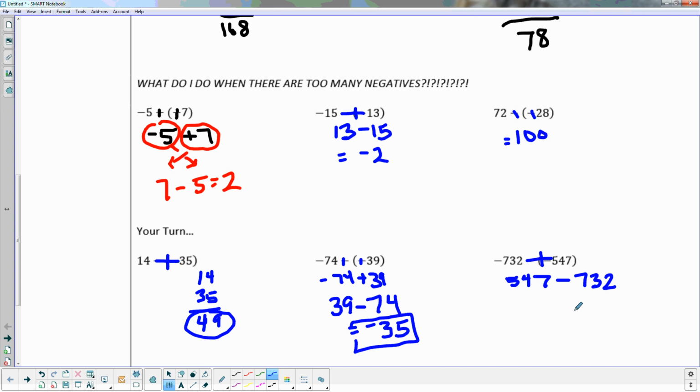Okay, and then if you had to do this by hand, and you were strictly told that you had to do it by hand, you still can. When you're subtracting numbers, or if you have opposite signs, that's another way that people say that. Like I've got a -732 and a +547. Either way, I'm just going to subtract them.